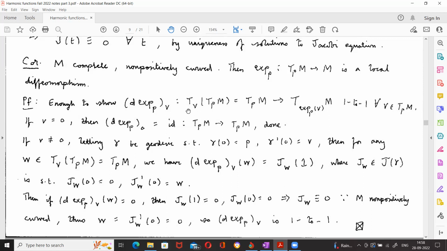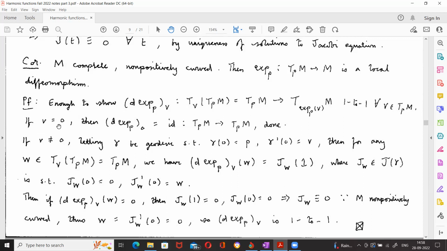This is going to map from T_v(T_pM), which is identified with T_pM itself, to the tangent space at the point exp_p(v) in M. This linear map we have to show is injective. So there are two cases.